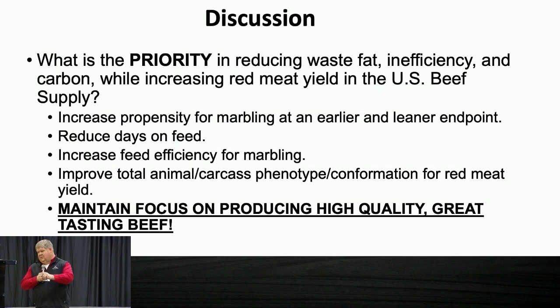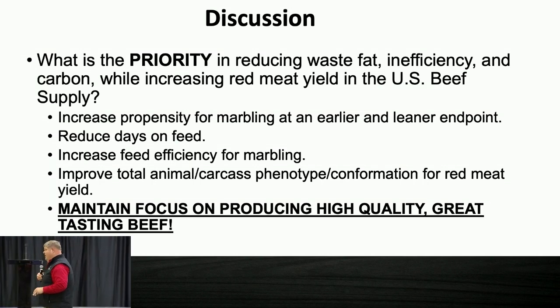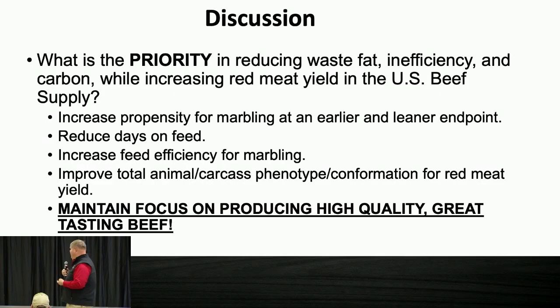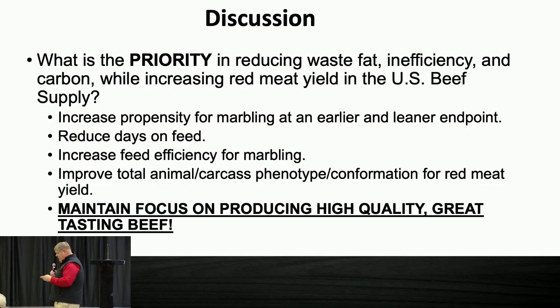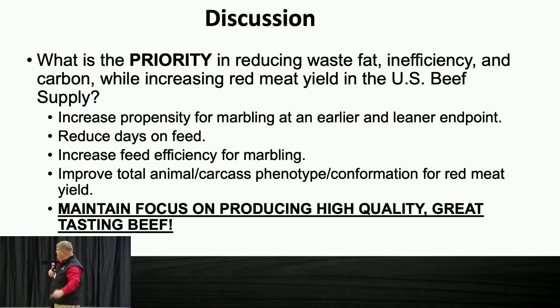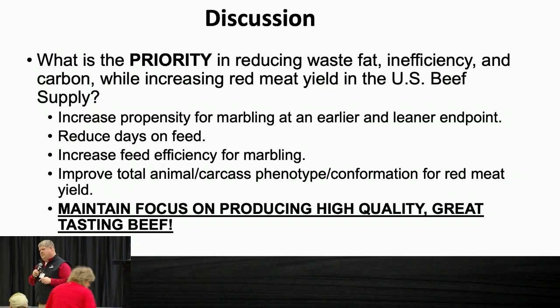And Glenn Tonser and everybody else that's talked to you over the day or week is going to tell you that marbling drives beef demand. The flavor of beef is what drives it. We cannot subtract marbling. We have to reduce days on feed. We have to improve feed efficiency for marbling. And then we have to improve the overall conformation and consist of those animals.